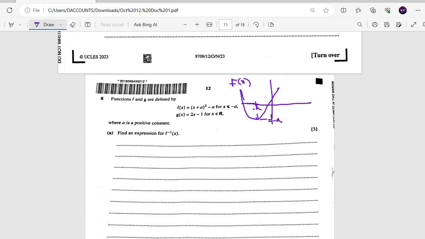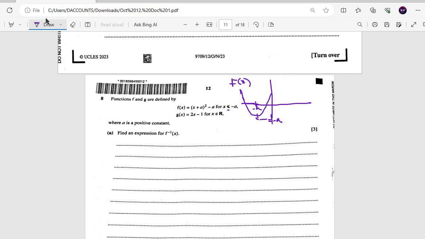Okay, so the range, like the question said, the domain is x less than or equal to minus a. If I sketch it properly, the graph will turn here.